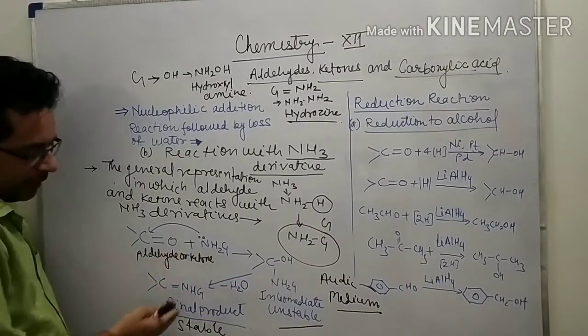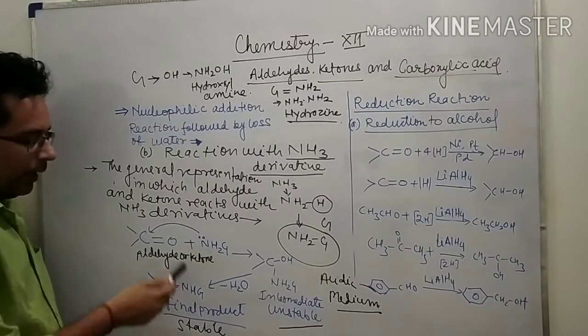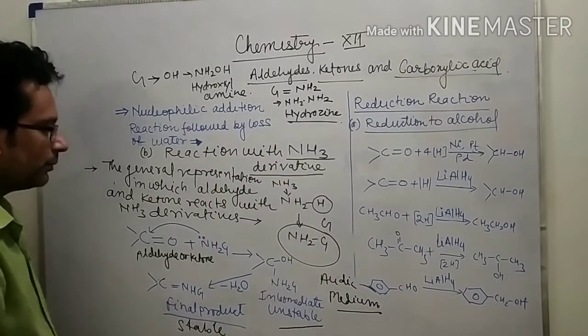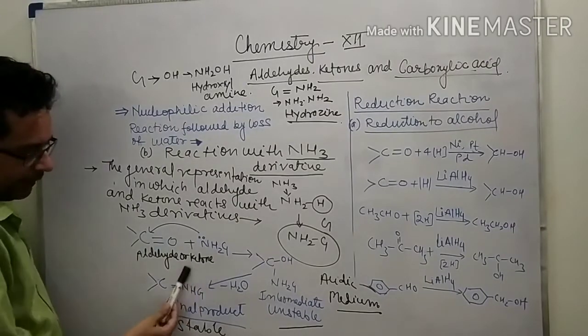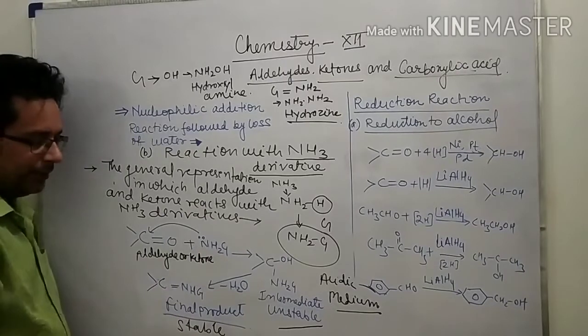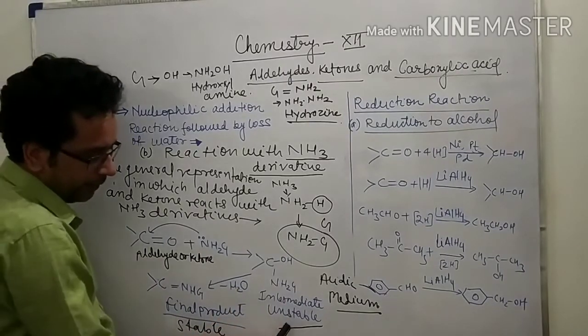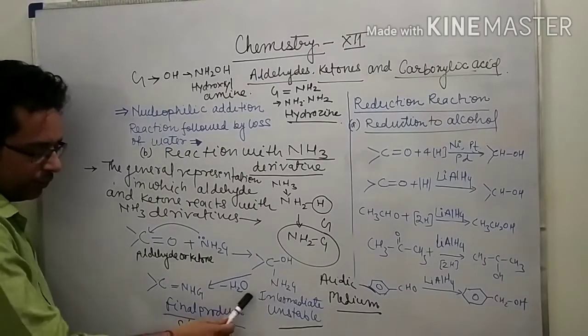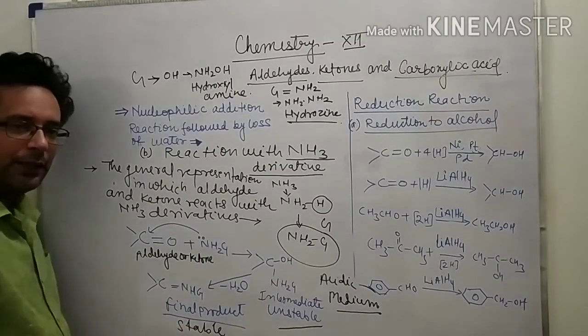It is the common representation. Aldehyde and ketone react with ammonia derivative in this way. First, it reacts with ammonia derivative to form an unstable addition product, which is an intermediate, and by losing water, it forms the final product.